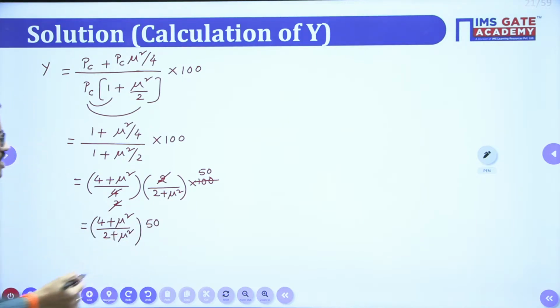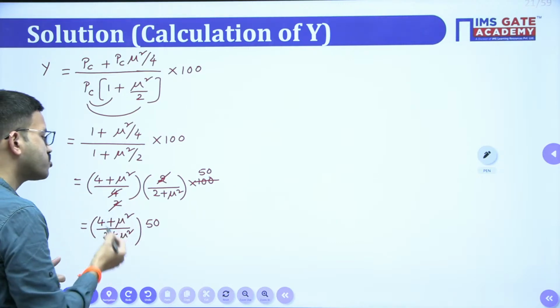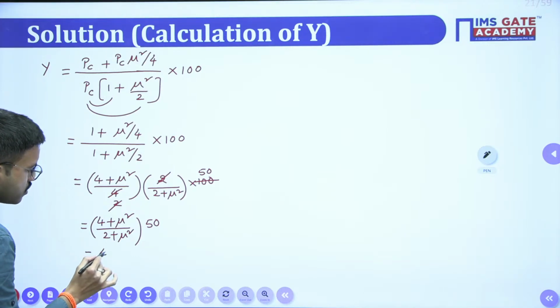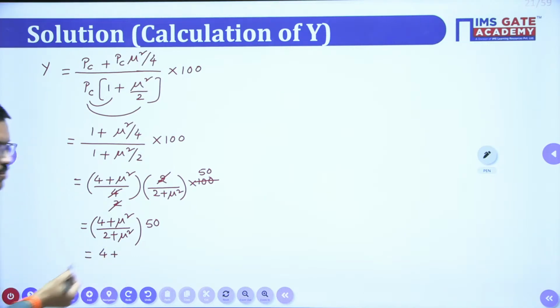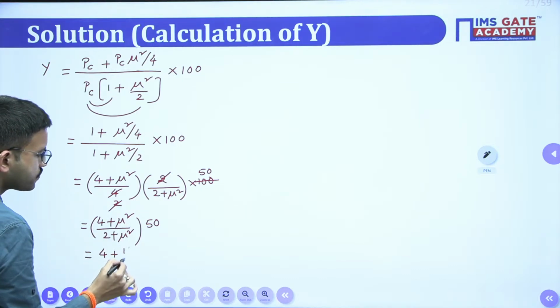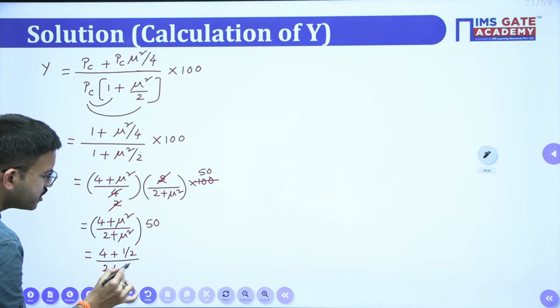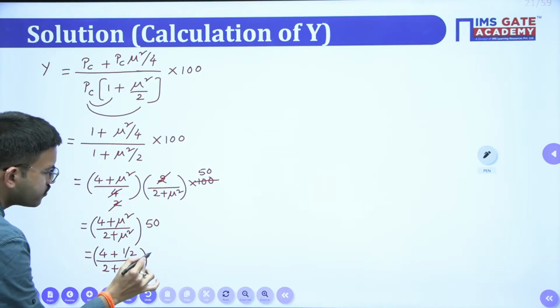Now here also just substitute the given mu value. Mu value they have given 1 by root 2. So mu square is nothing but 1 by 2. 4 plus 1 by 2 divided by 2 plus 1 by 2 into 50.